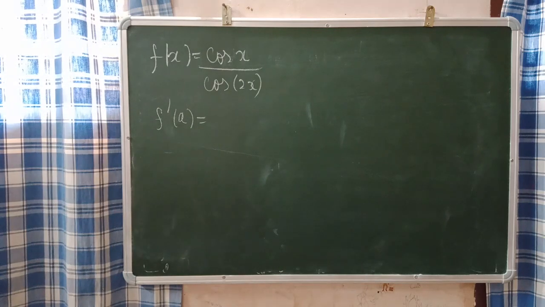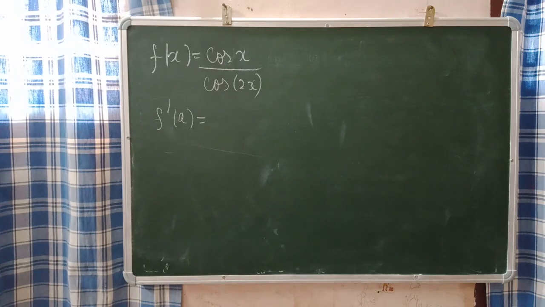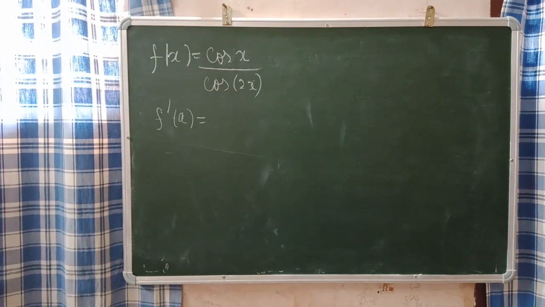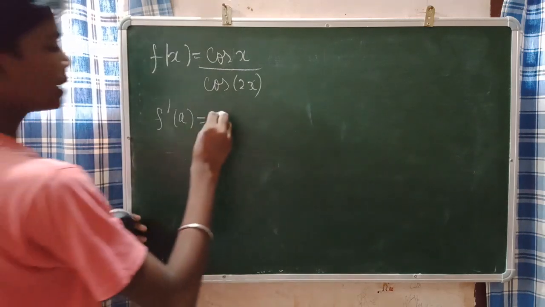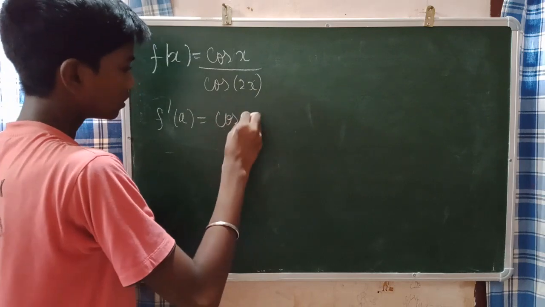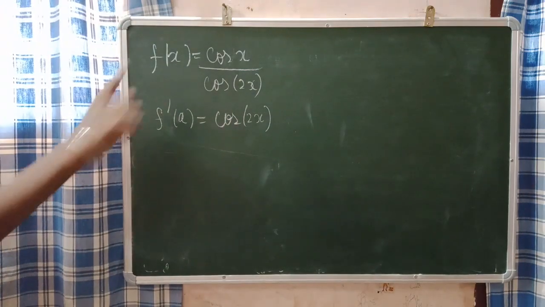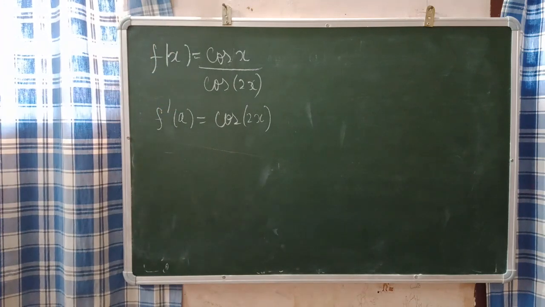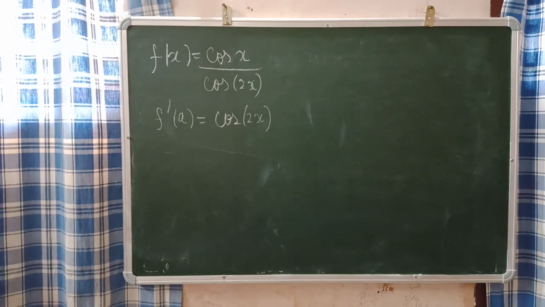What the u by v rule says is: cos 2x, that is the denominator, into derivative of the numerator. Denominator into derivative of numerator.